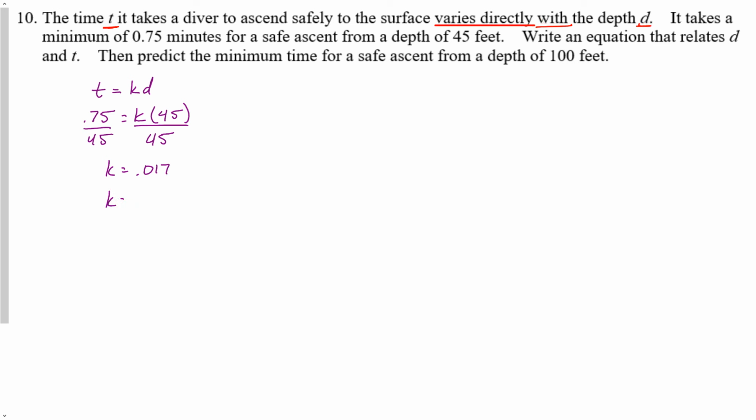Or better yet, sometimes changing that to a fraction could keep you a little bit more accurate. Realistically, at this point, either way would be acceptable. So let's say just for now, I kept this as the decimal, 0.017, rounded to the nearest thousandth like we are supposed to do with our automatic rounding rule.